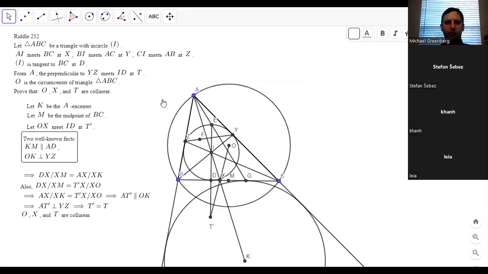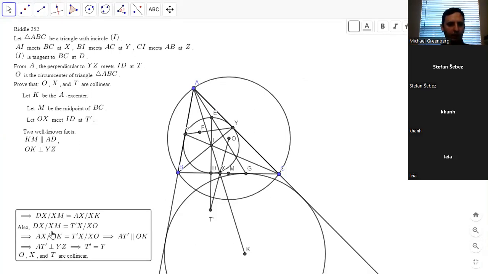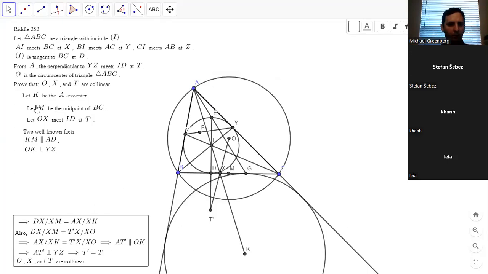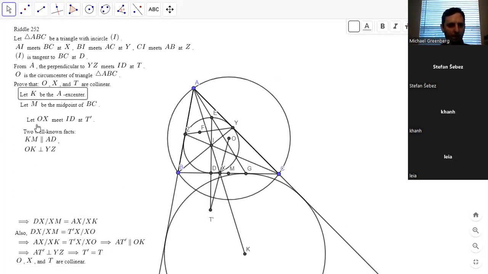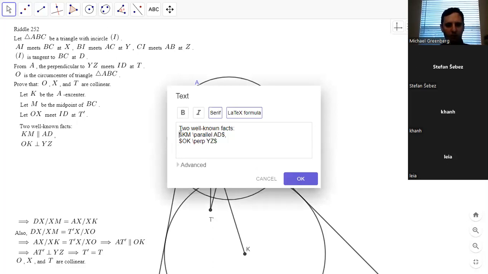Yeah, let's prove those two facts. I could label them as 1 and 2. And 1 I think has a very simple proof.